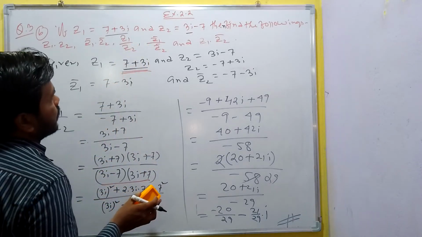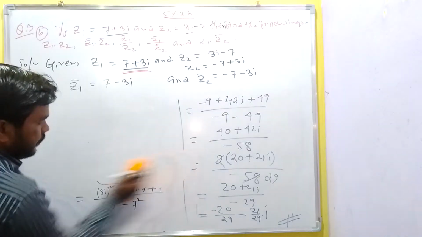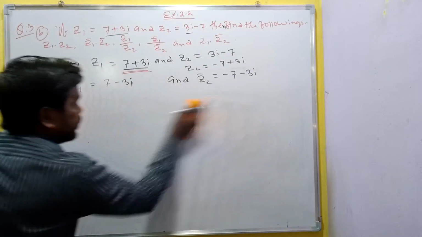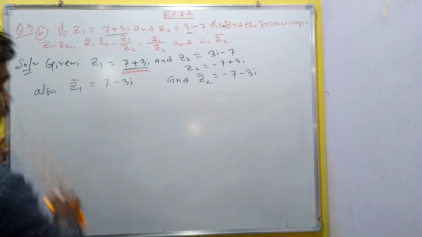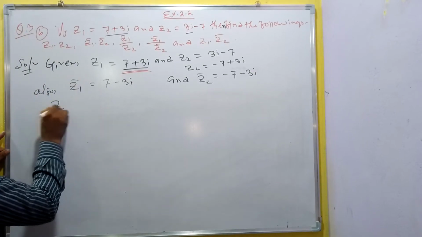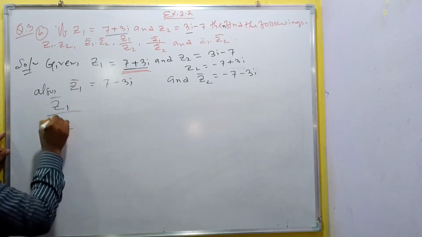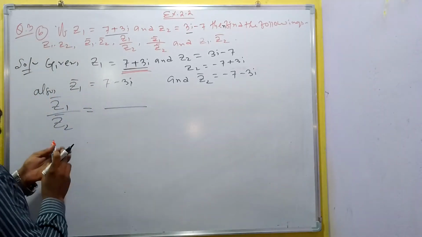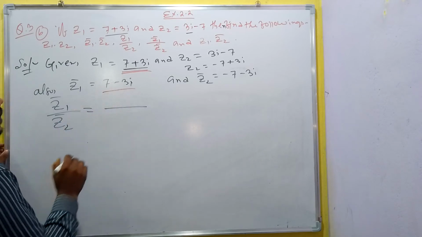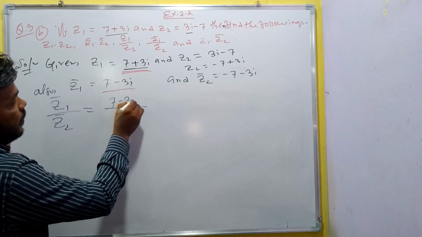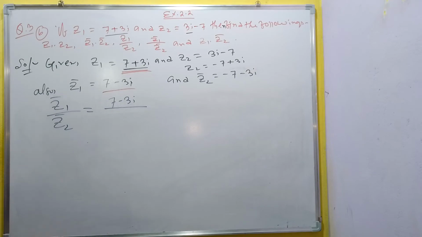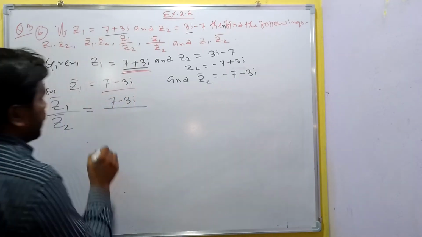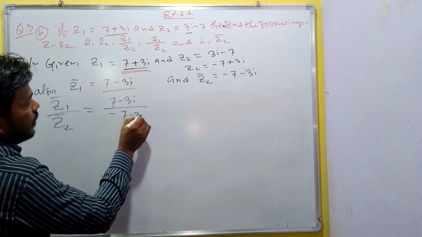Now we have to find z1 inverse by z2 inverse. So value of z1 inverse, 7 minus 3i, and value of z2 inverse, so minus 7 minus 3i.